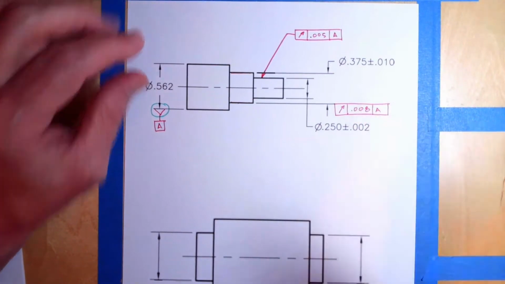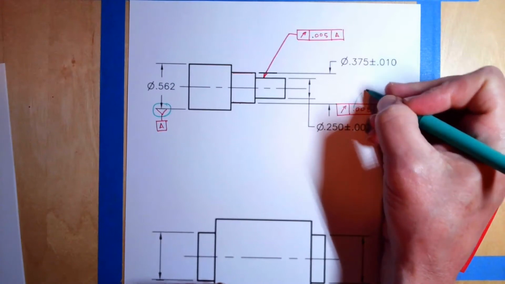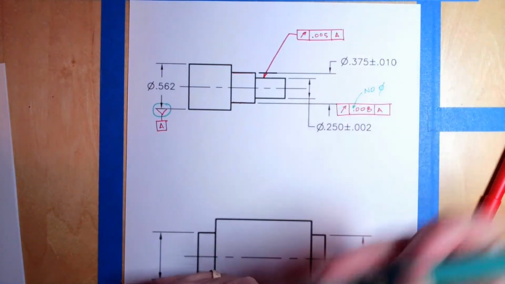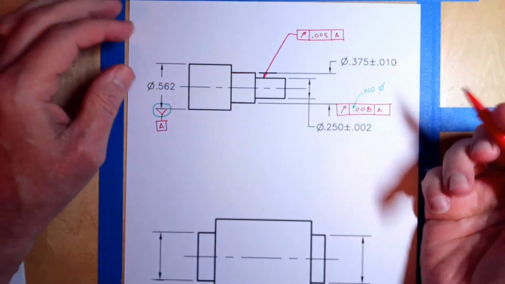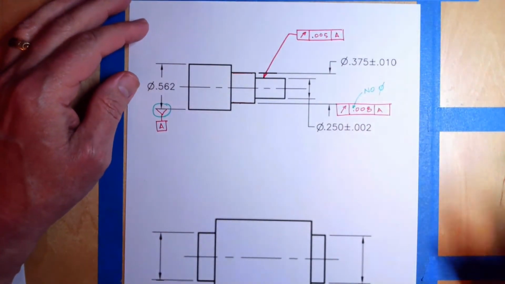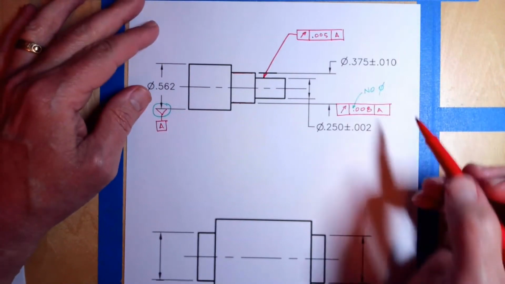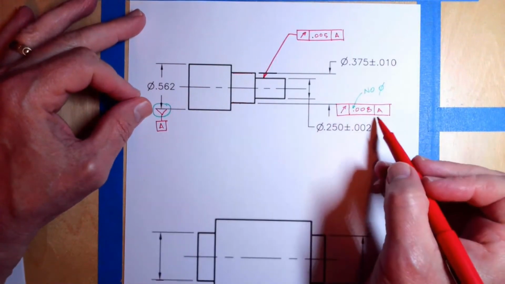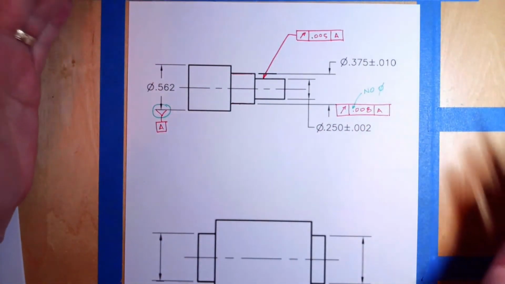I also want to point out that there is no diameter symbol here. You might be thinking, well, wait a second, that's a cylindrical feature. Don't we need a diameter symbol to indicate that it's a cylindrical tolerance zone? Well, no, we don't, because the tolerance zone is not actually cylindrical. So no diameter symbols here. We'll use the same datum. That's fine, they're both the same.